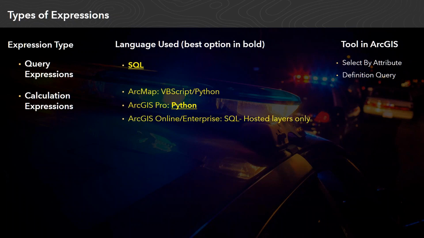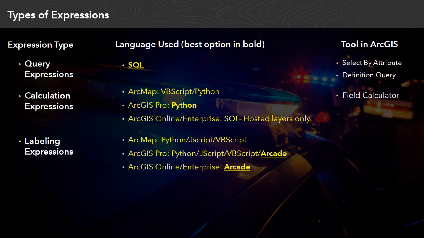So that's why we're going to be covering a couple of commonly utilized Python expressions during this webinar. And then in ArcGIS Online and ArcGIS Enterprise, you can also perform some calculation expressions in the map viewer, and that is utilizing primarily SQL. So you'll find all of these capabilities, depending on the product, available in the field calculator.